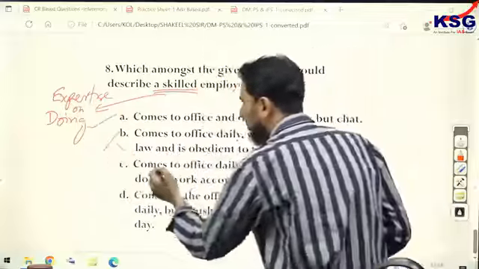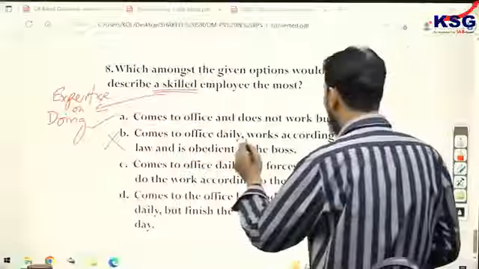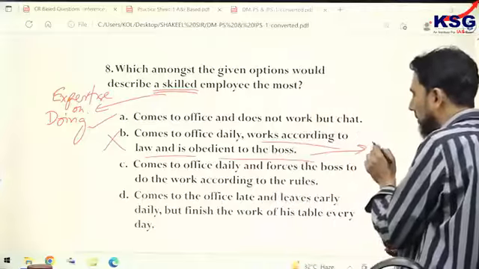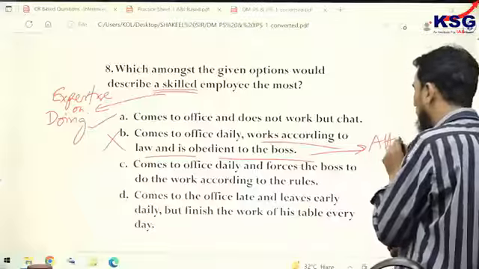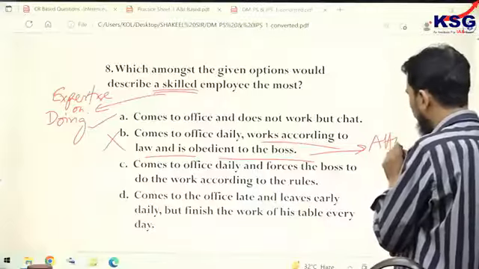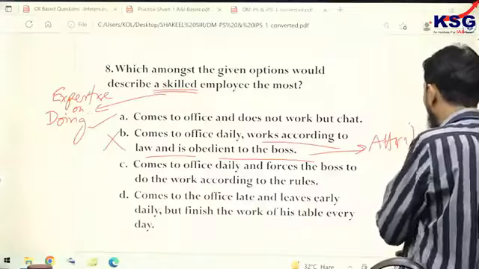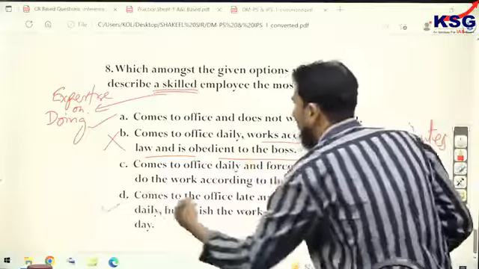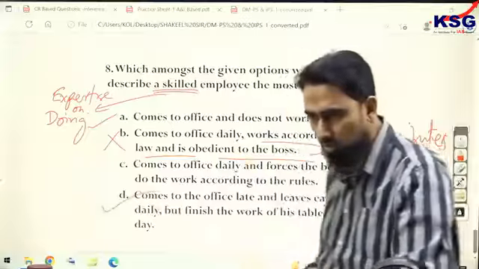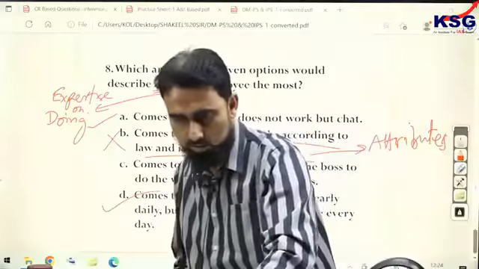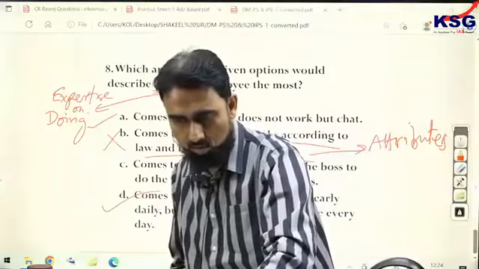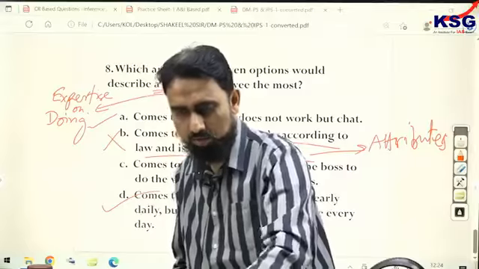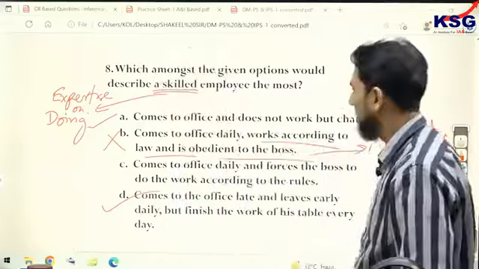Option B does not answer that. It says he comes to office daily, works according to law and is obedient to the boss. It is talking about personal qualities. It is an attribute, a character. So in the first place, it is not the answer to the question. D is the answer. I notice only one student has chosen D, Anis. Parth also. Yeah, very watchful of both of you. You understood the question. So it was the D option.